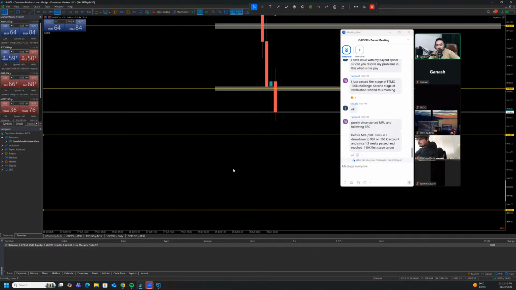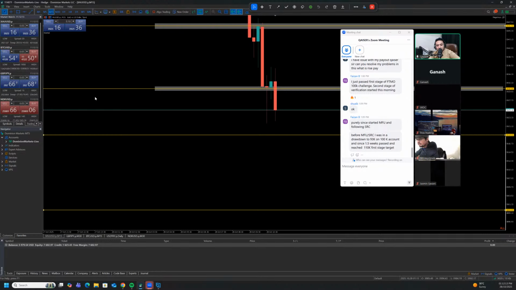So just waiting right now. M15 is still open. This candle has to close in a strong bearish shape.